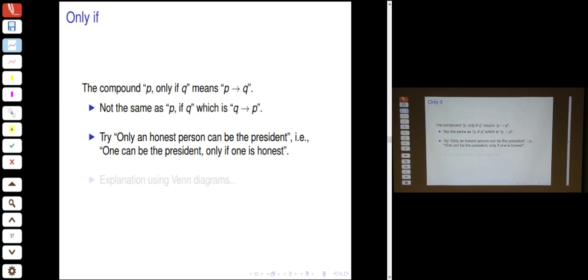So in other words, does it say if one is president, then one is honest? Or does it say if one is honest, then one is president?